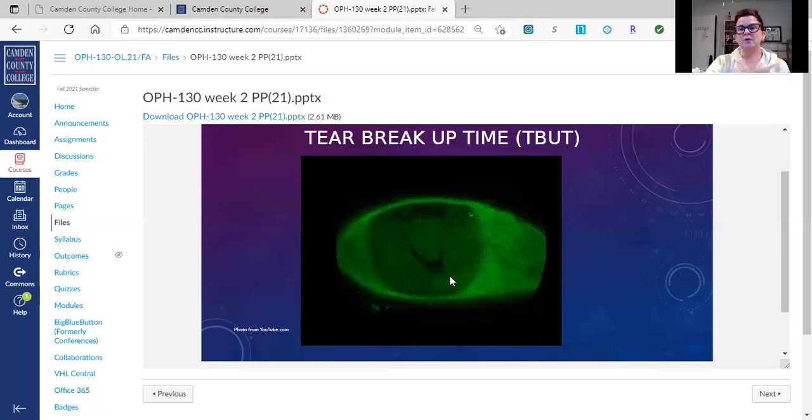The lipid layer or the oil is what's going to hold the tears in place. It's going to hold the aqueous part of the tears in place so that it doesn't evaporate so quickly. So if we have someone with a really deficient tear breakup time, we know that they're not getting the proper amount of oil mixed into their tears, so their tears are evaporating quickly.